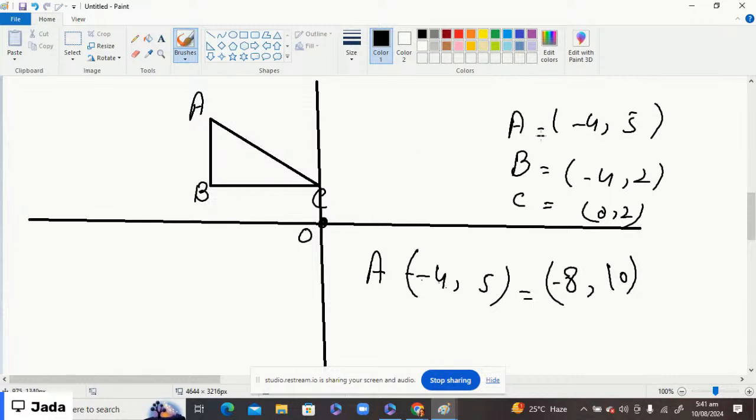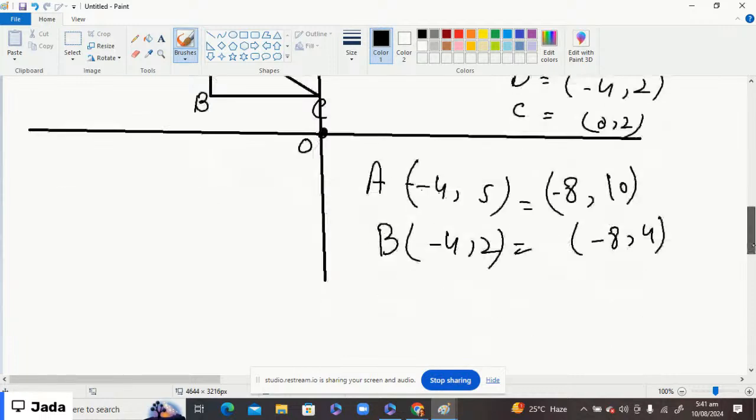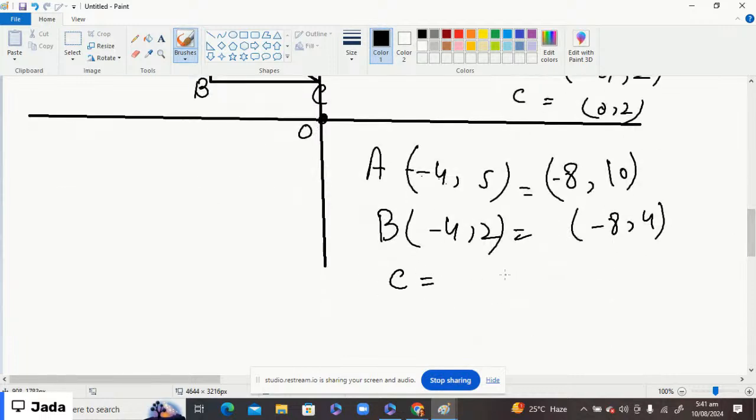Your B is -4 and 2, multiplying both numbers gives -8 and 4. Your C is 0 and 2, multiplying by the dilation number which is 2, that is 0 and 4.